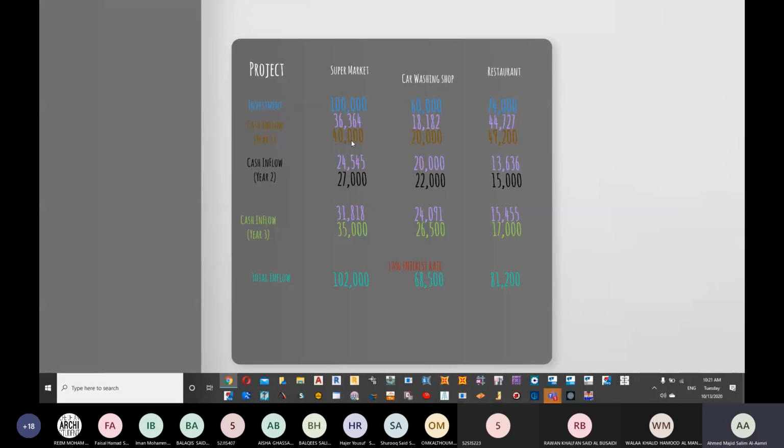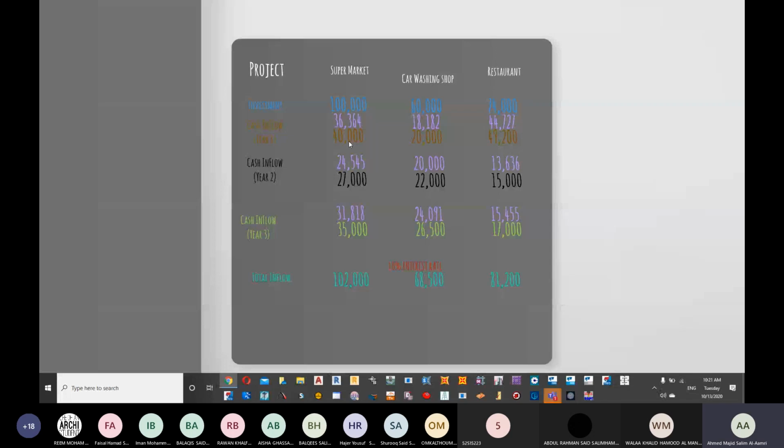If I get it after 1 year, it means that 40,000 is the future value, not a present value. Now I'm expecting after 1 year I'll be getting 40,000, so this 40,000 is the future value that I am expecting to get after 1 year.